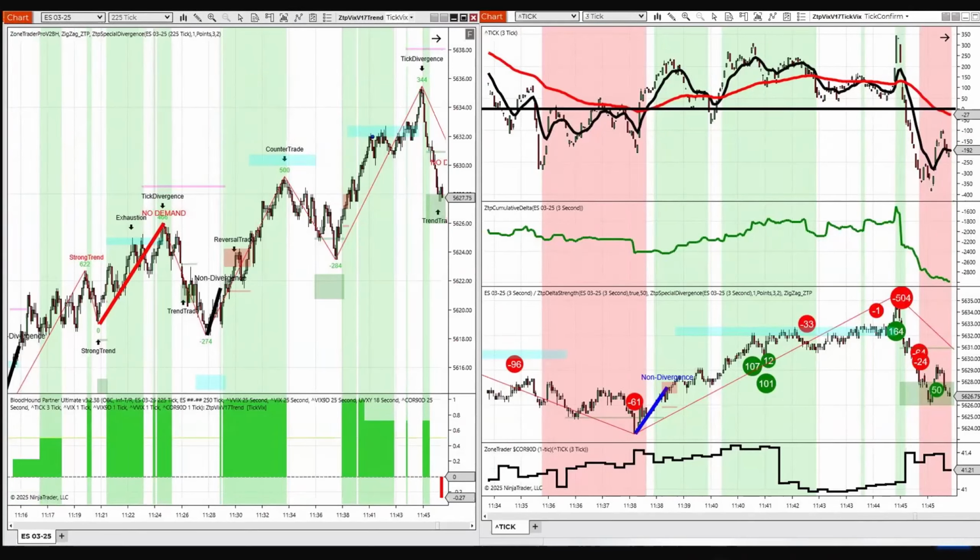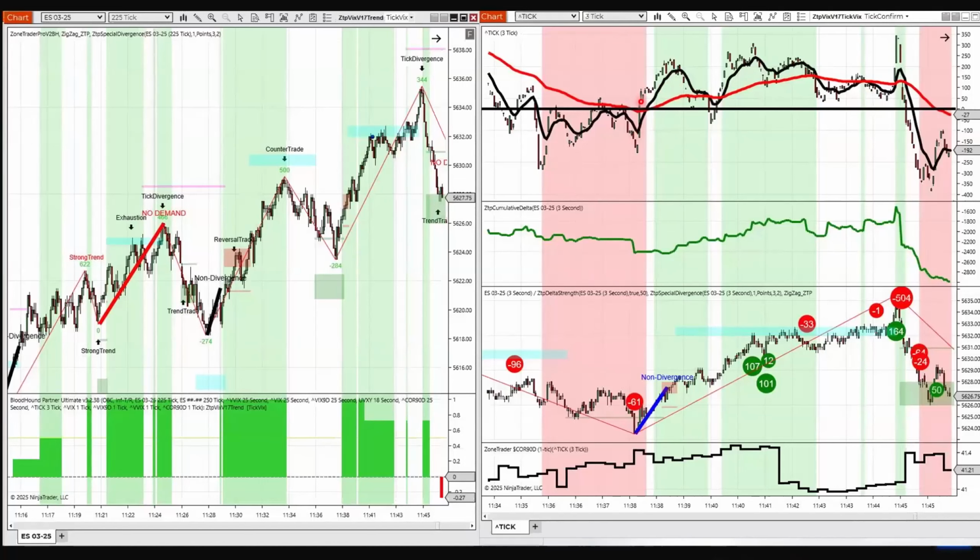When I'm trading, I basically have these 2 charts in front of me. One of them has the ES with the tick and VIX on it, so I can pretty easily see both the tick and the VIX together. In this chart over here, I have the $ tick chart.